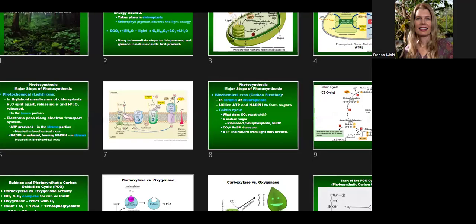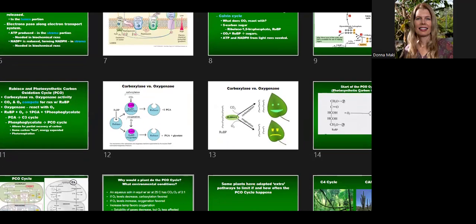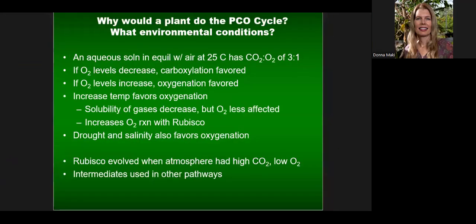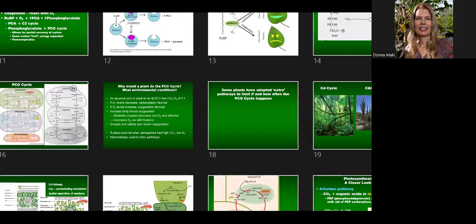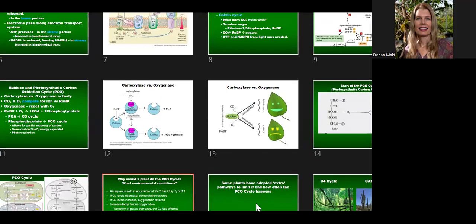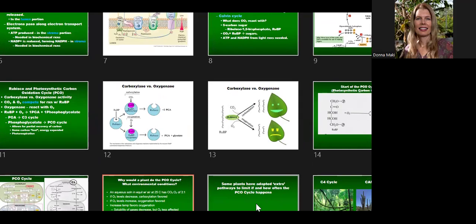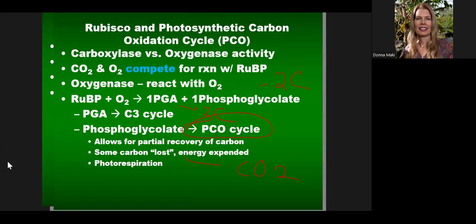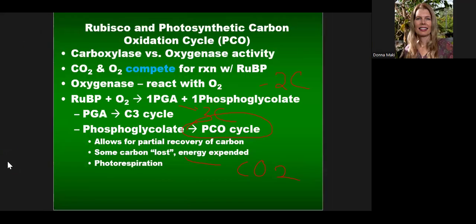Where is it? No. Where'd it go? Oh, here. So we say it allows for partial recovery of carbon. What that means is you finally get a PGA out of that whole thing that runs twice, involving 3 organelles.